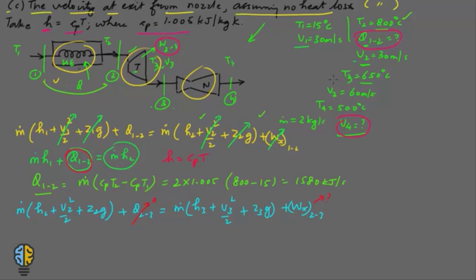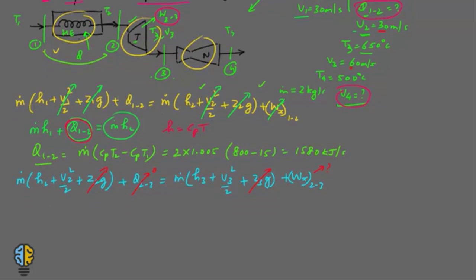Alright, now V2 is given to us as 30 and V3 is 60. We can cancel off these elevation differences, right? So you will get m dot into (h2 plus v2 square by 2) is equal to m dot into (h3 plus v3 square by 2) plus Wx23.